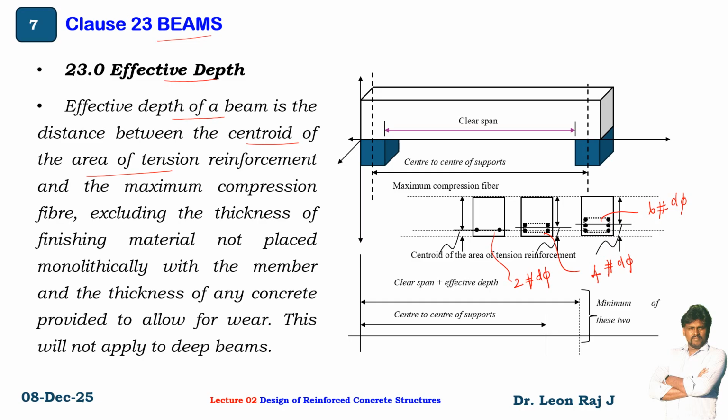In this total area, the centroid passes through the midspan or midpoint. This is the centroid line. Centroid passes through the midline. So here, this is centroid, and here, this is centroid.